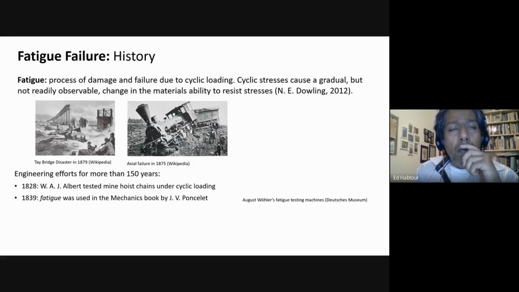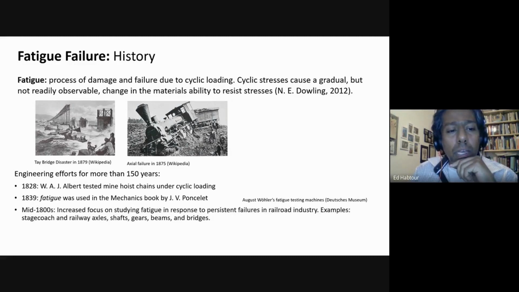The word fatigue itself, we can trace it back all the way to maybe 1839, in a textbook called Mechanics by a French engineer.